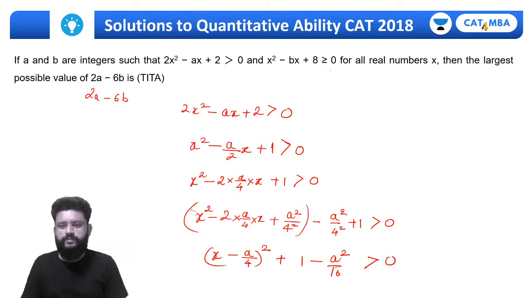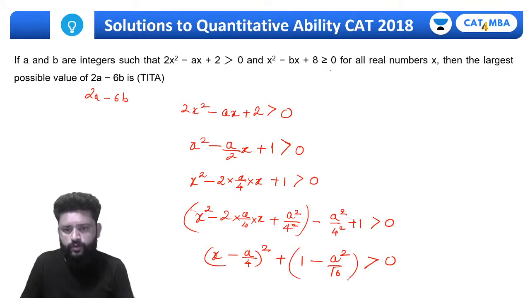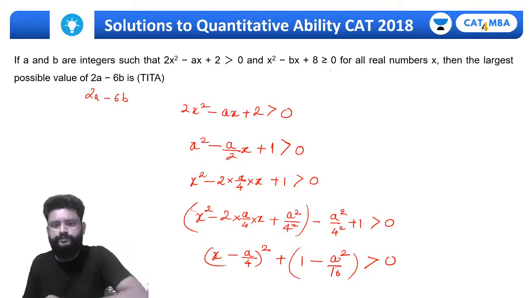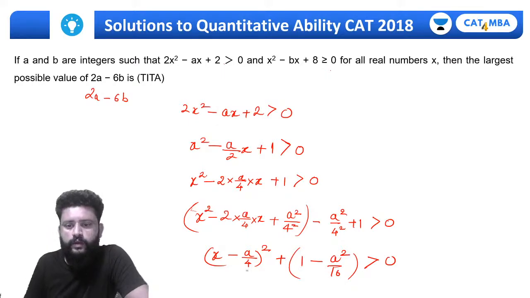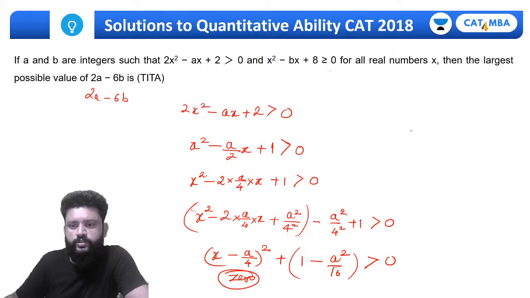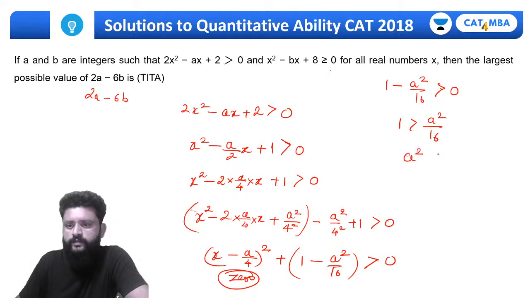We want the largest value. So we can take this as 0. ये हम 0 लेते हैं तो हमें क्या मिलेगा, 1 minus a square by 16 must be greater than 0. 1 must be greater than a square by 16. So a square must be less than 16.